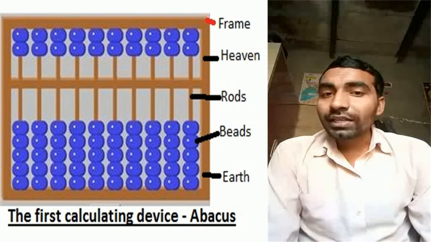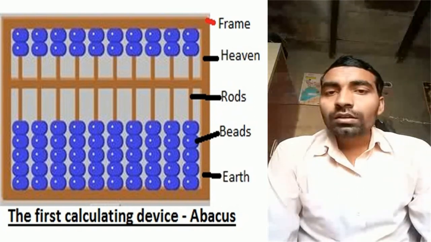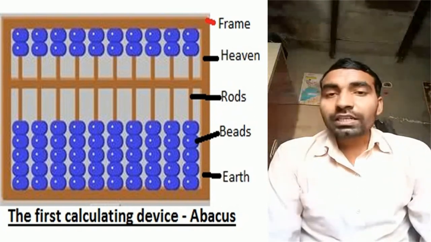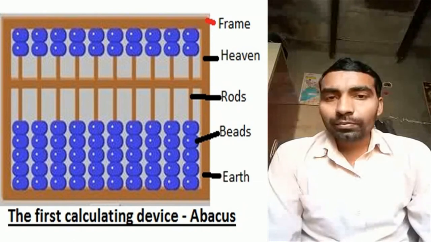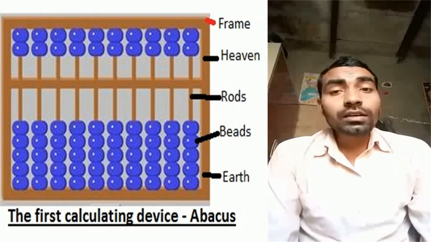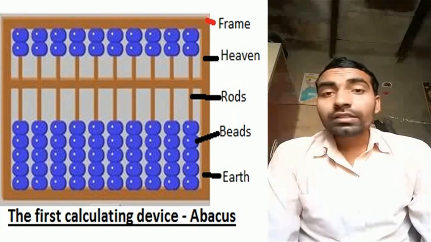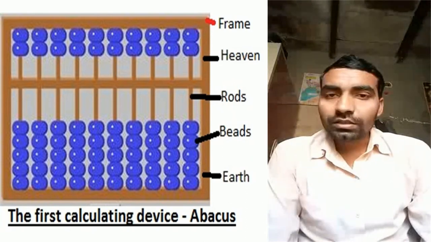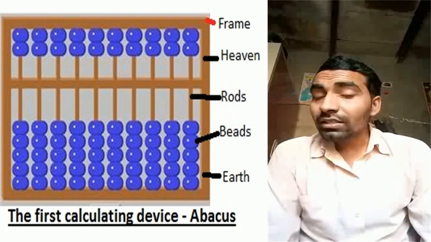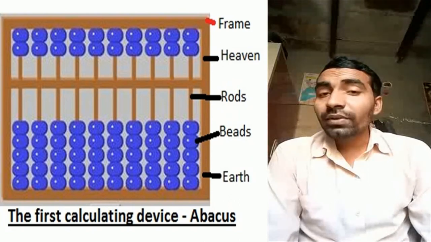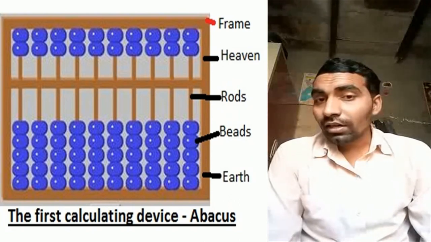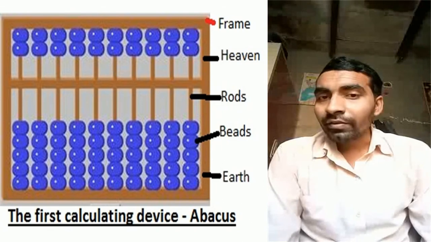In a box of wood, 10 rods were fixed, and in each rod there were 7 beads. And this abacus was divided in 2 parts, the earth and heaven.